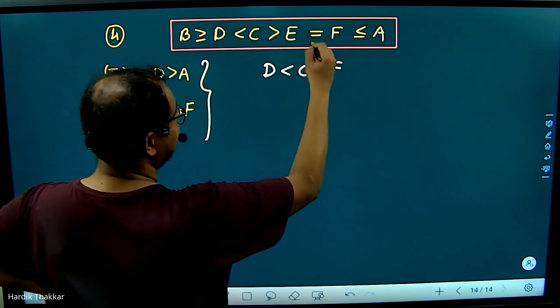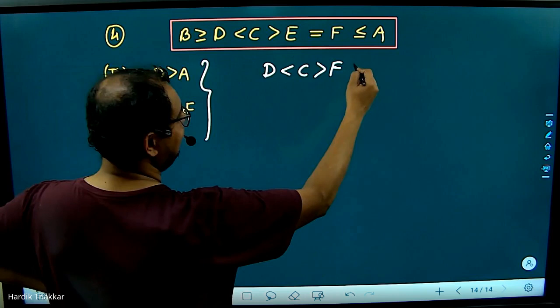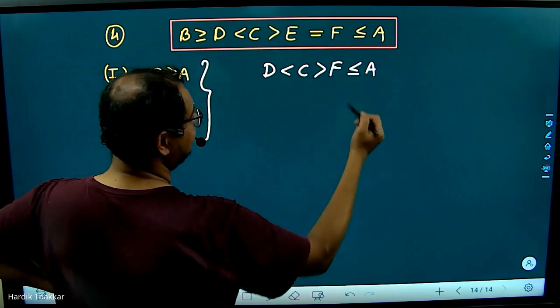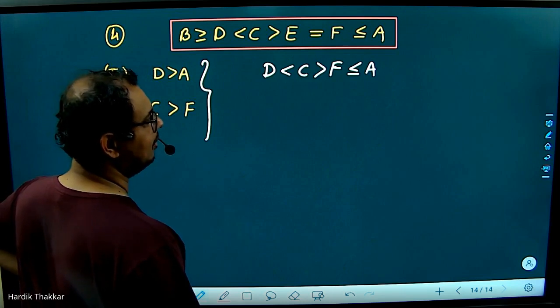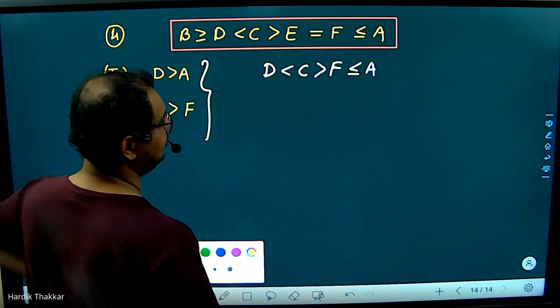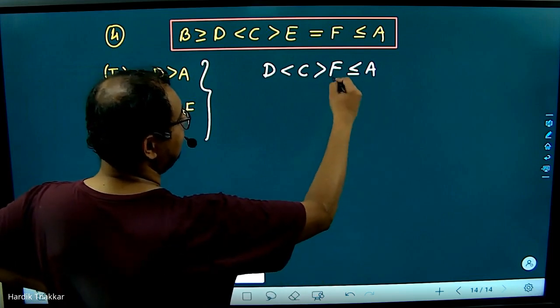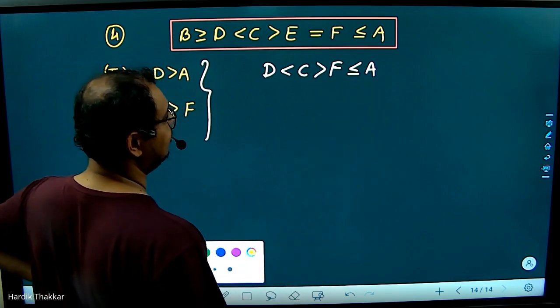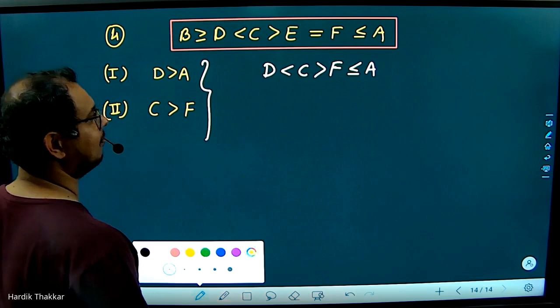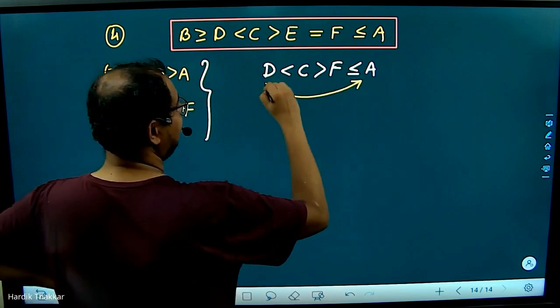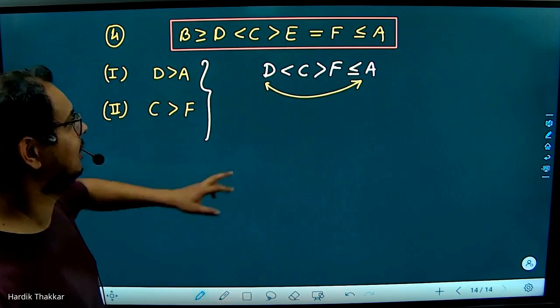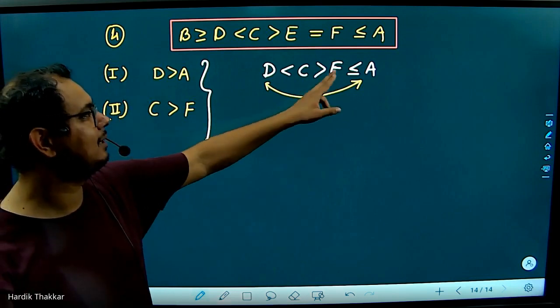So we are just replacing E with F, and A is less than or equal to F. According to this situation, A is greater than F. So no conclusion can be drawn between A and D because these inequality signs are different.